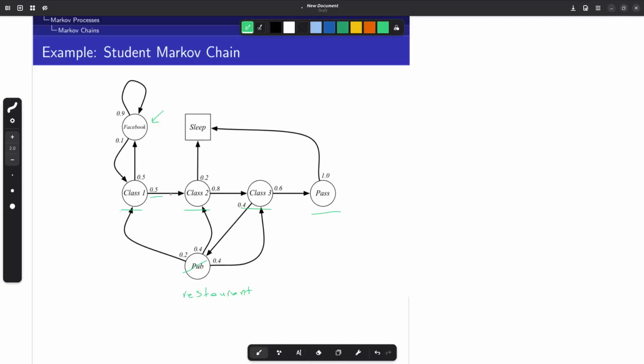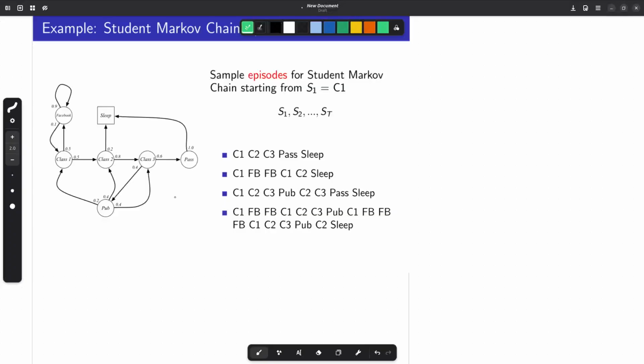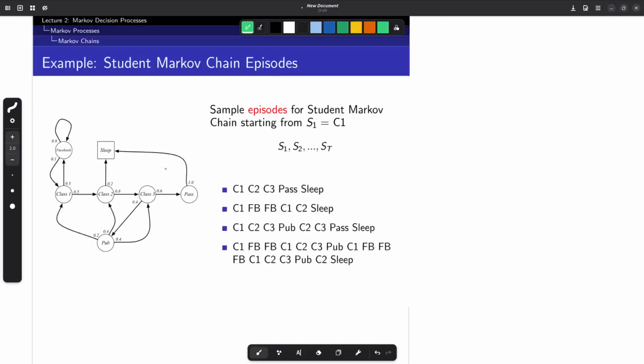Okay, so this is a toy example, and we are going to use this example a lot for explaining different ideas. You can sample different episodes from your Markov decision process, from this MDP.